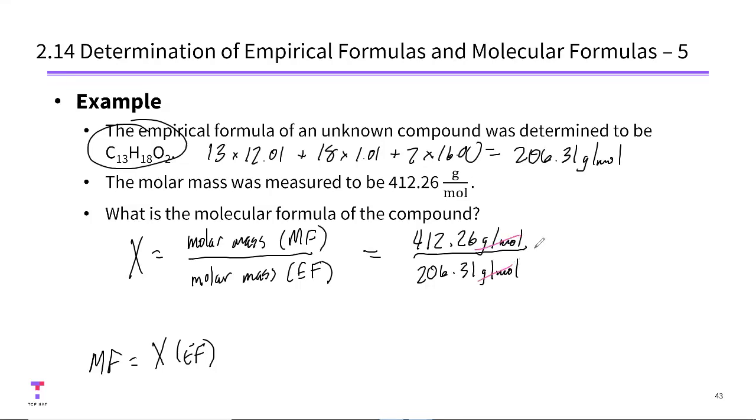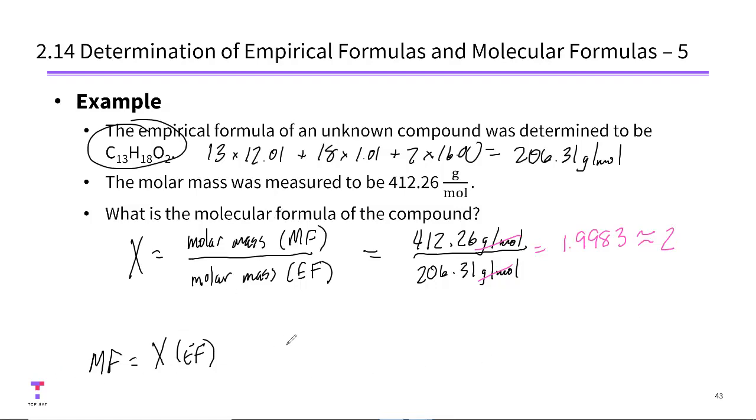My grams per mole cancel out. If I take that number, I get 1.9983, which again, using our general principles of rounding, is going to come out to about 2.